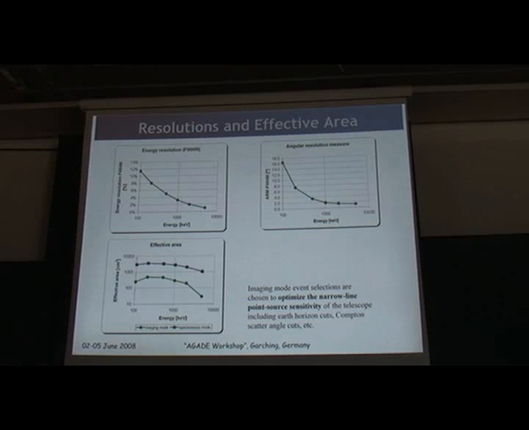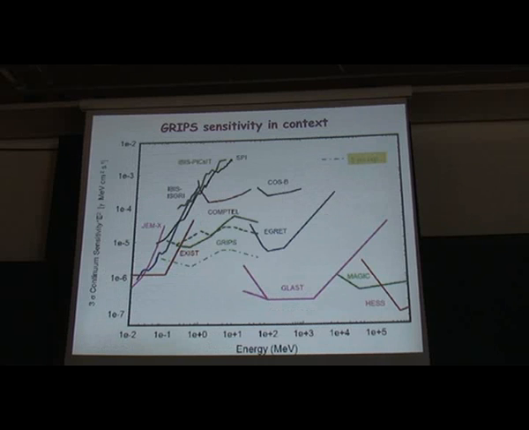What was demonstrated on the basis of the Compton Gamma Ray Observatory is that at MeV energies you still need an all-sky monitor type instrument to be flown. That's what is possible to do with GRIPS in a 5-year mission. That's it. Thank you very much.